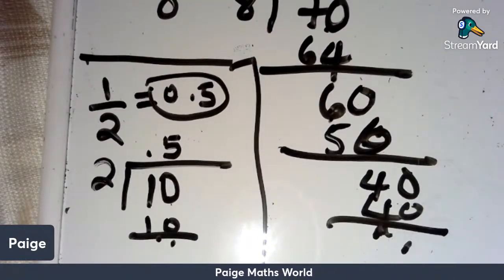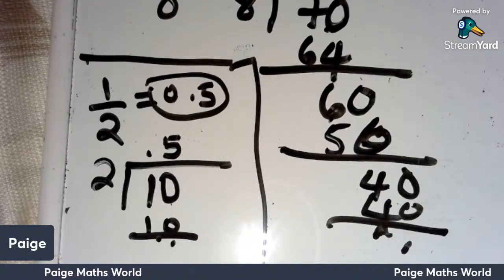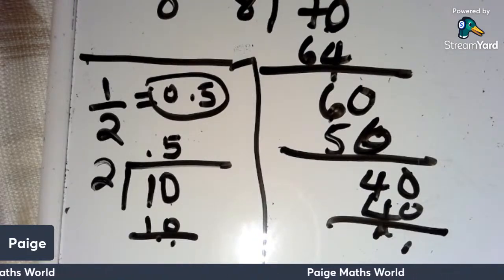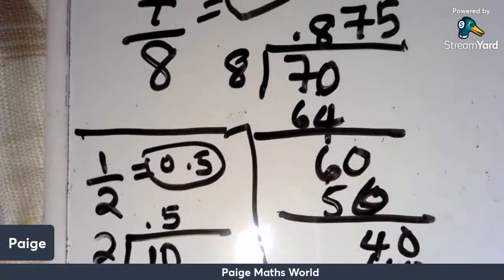All right. So let me go ahead. What if I have 20 over 7? All right, so we can look at that one. 20 over 7.